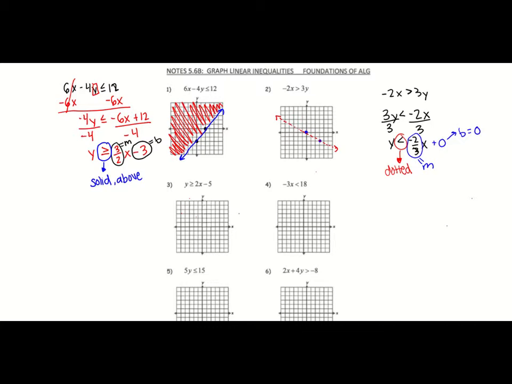And then if it is less than, that means I'm going to shade below my line. So I can shade everything below my dotted line. All this is part of my answer. Any of those numbers in my shaded region would make my equation true.